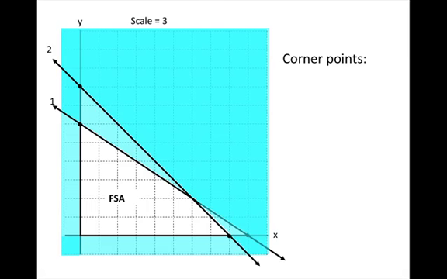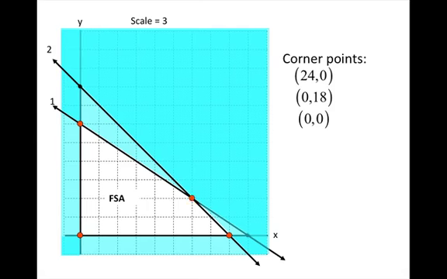So let's list our corner points. My first corner point was an x-intercept, and that was the point 24, 0. My second corner point was a y-intercept, and that was the point 0, 18. I've got a third corner point at the origin, 0, 0.